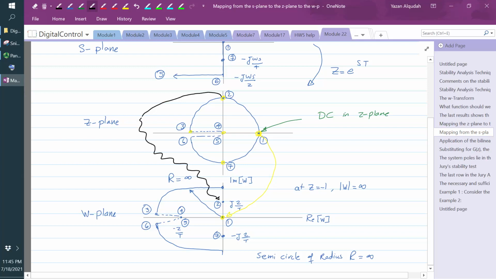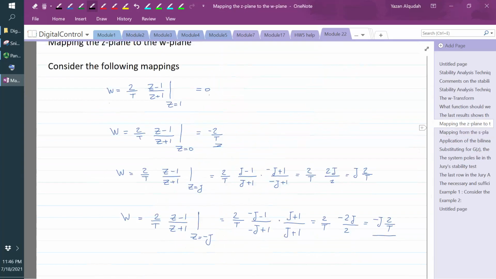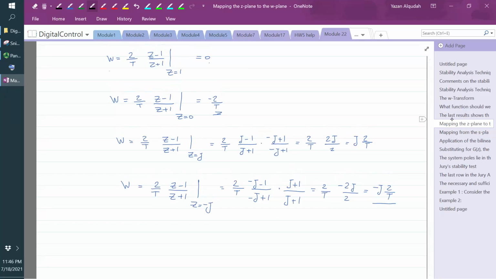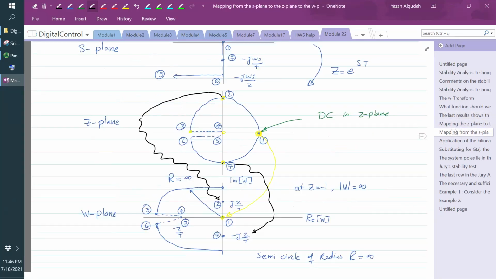When I am at point 5, I got mapped to negative j 2 over T. This point here got mapped to here. Now when I am at point 3, which is negative 1, did we take z equal to negative 1? We did not take z equal to negative 1. When z is equal to negative 1, where am I going to get mapped to? I'm going to get mapped to negative infinity.